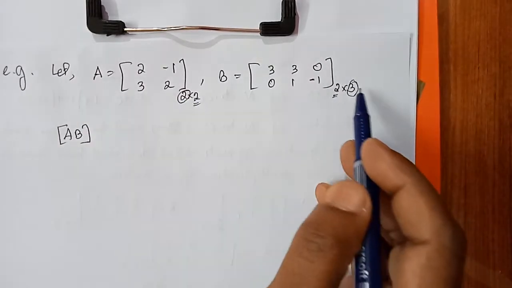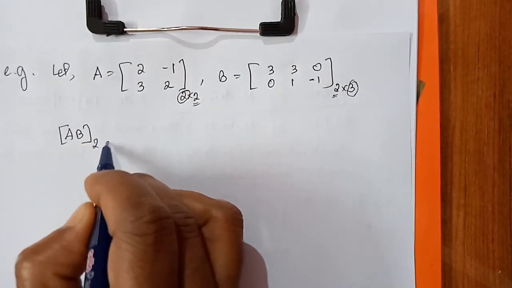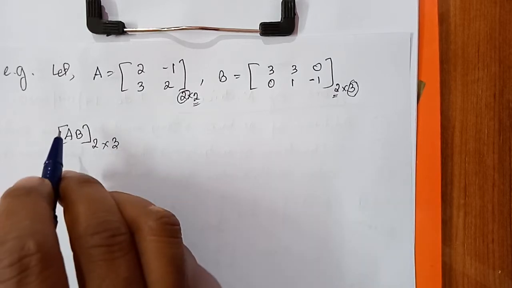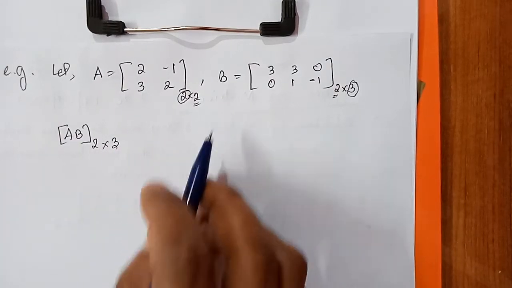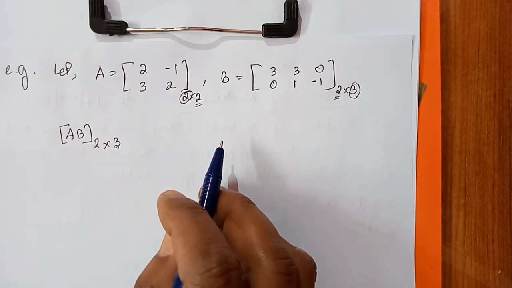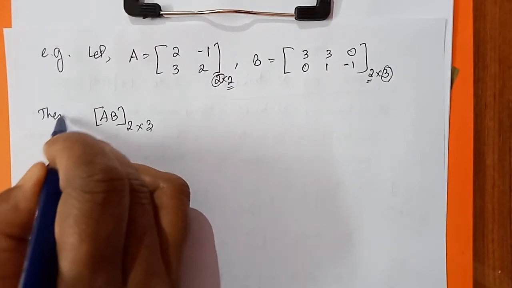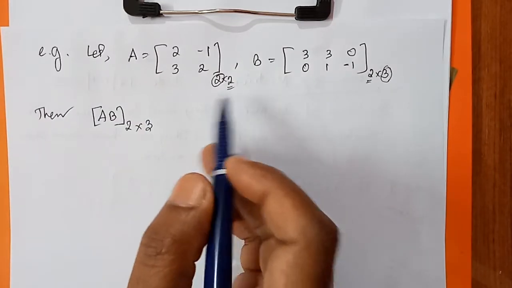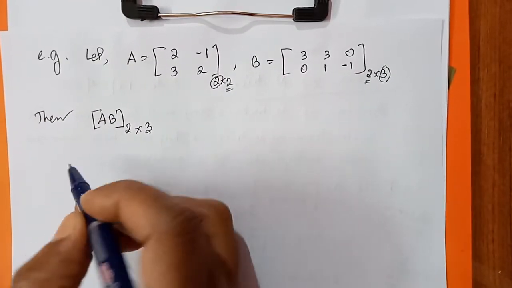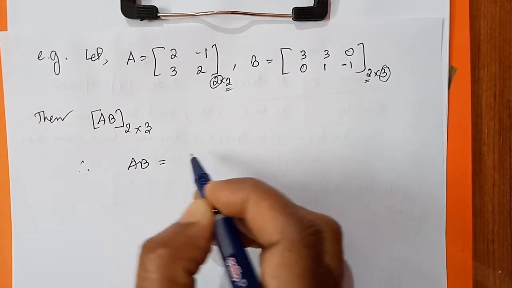So these two numbers form the order of the product of these two matrices, and the order will be 2 by 3. Now how to multiply? Then the product of the two matrices will be 2 by 3. So therefore you write the product of A and B.